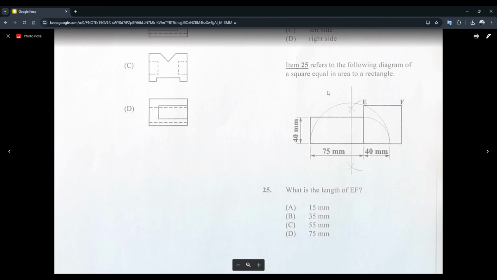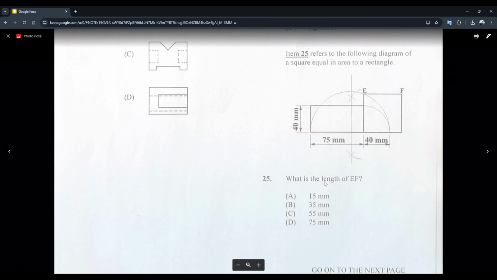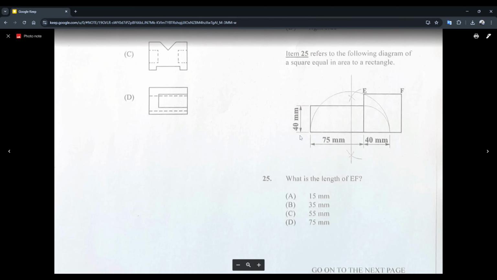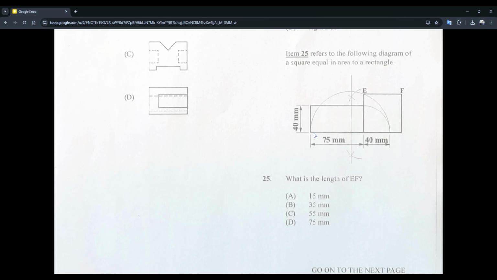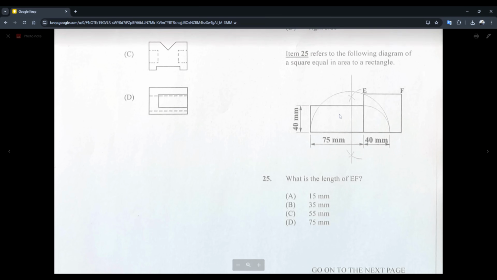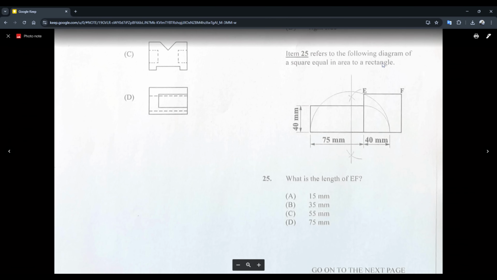Number 25, what is the length of EF? All right, so we have a rectangle and a square. The rectangle, sorry, let me back up a bit. They are equal in area, right?